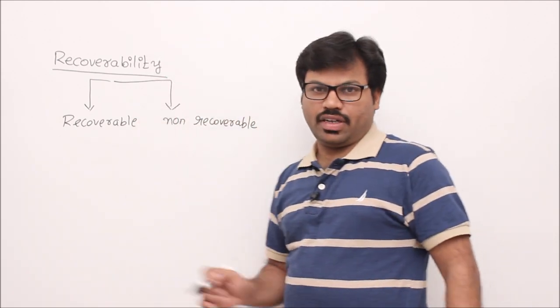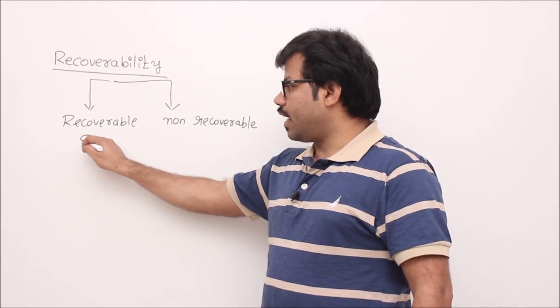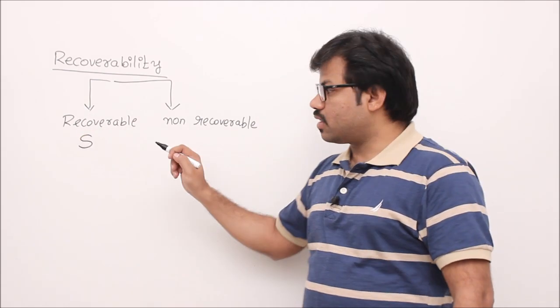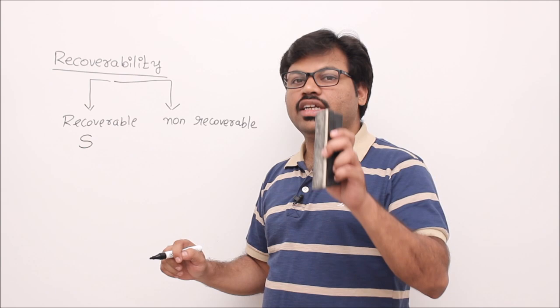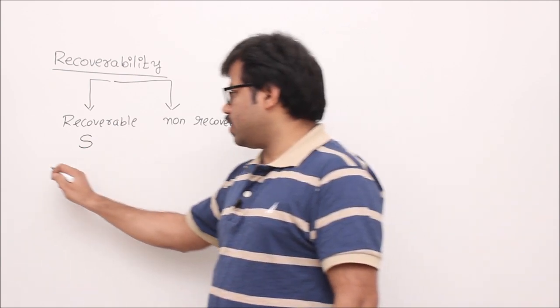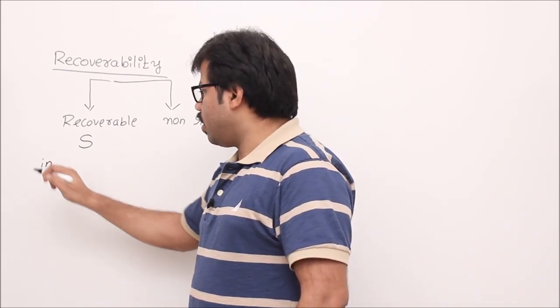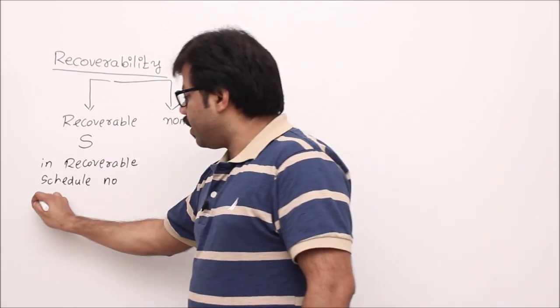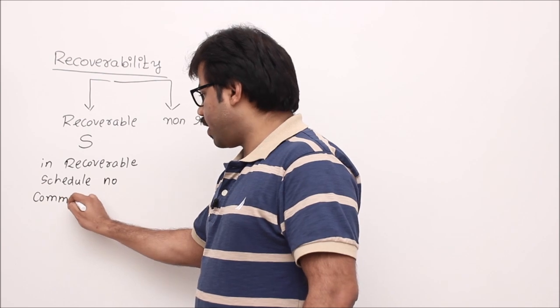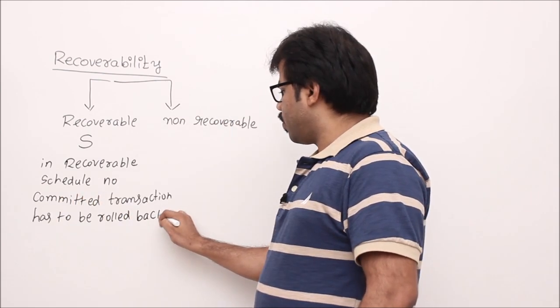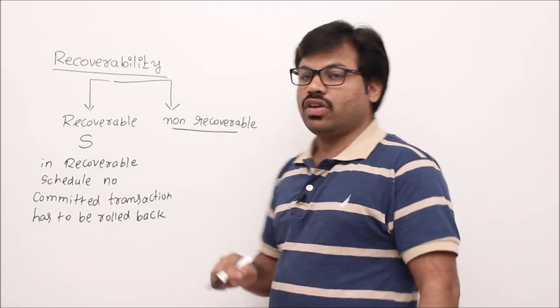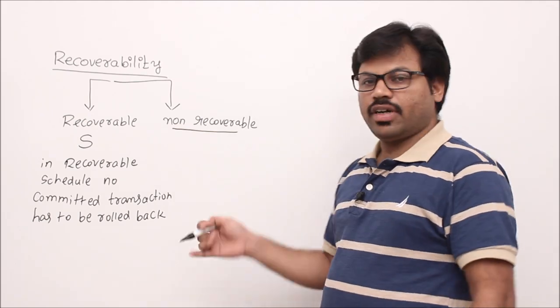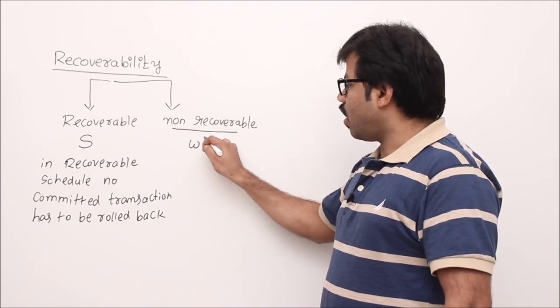So what is recoverability? A recoverable schedule is a schedule in which no committed transaction needs to be rolled back. Let me write the definition. In a recoverable schedule, no committed transaction needs to be rolled back. A non-recoverable schedule is simply one which is not recoverable.